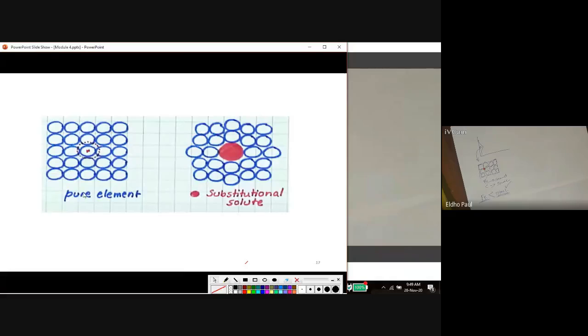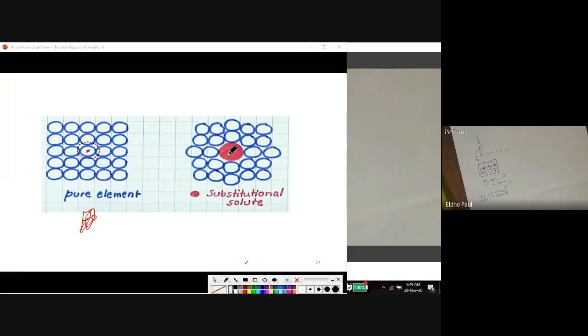This is a pure material, for example pure iron. Now a substitutional solid solution is formed here. This is a pure material, and I am adding an impurity here.